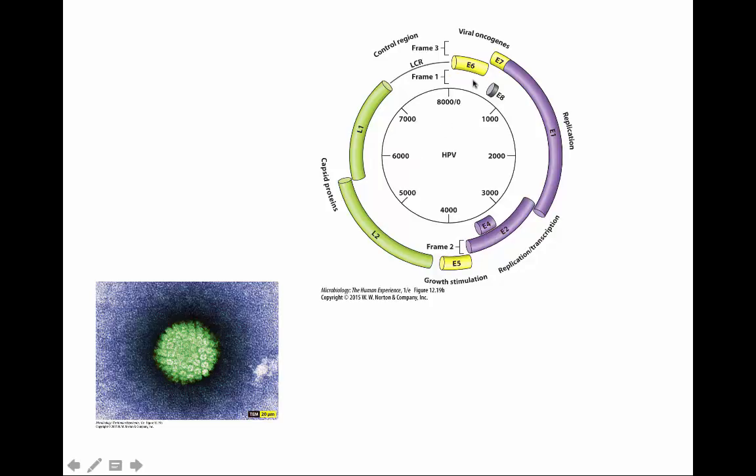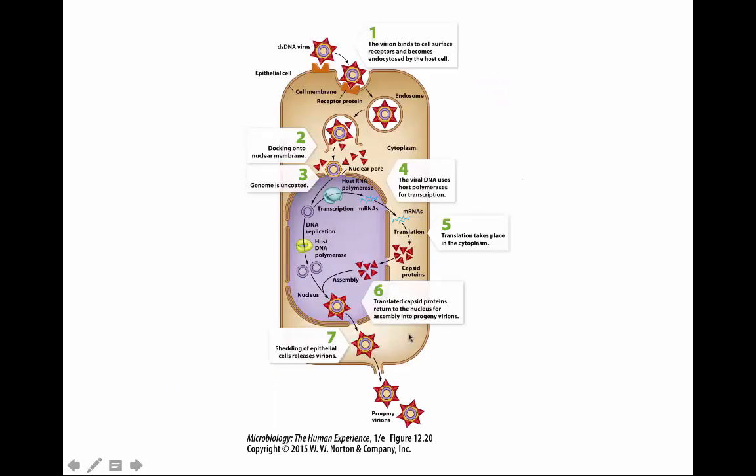If you read it in one reading frame, you get this protein and this protein. If you read it in a second reading frame, you get this protein and this protein. And if you read it in the third reading frame, you get this other protein out here. So that's pretty interesting and efficient of these particular viruses. Here's our little icosahedral human papillomavirus image from an electron microscope.